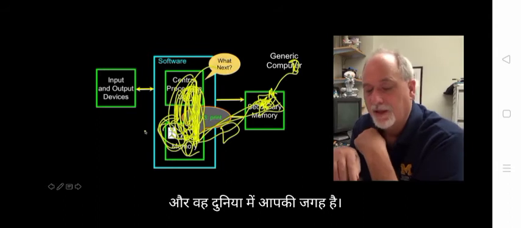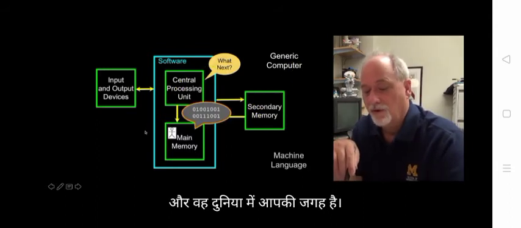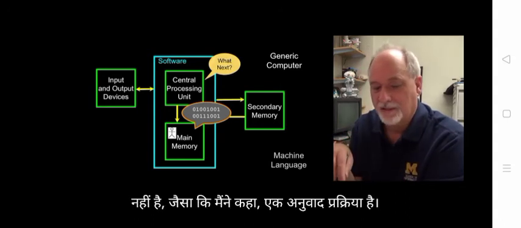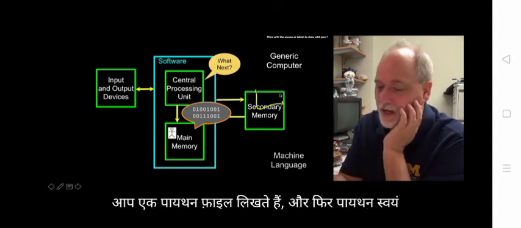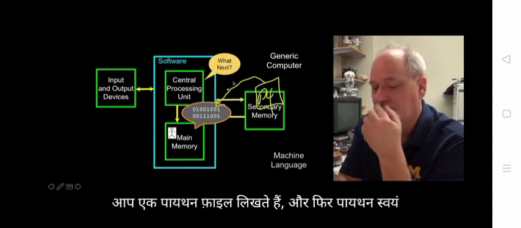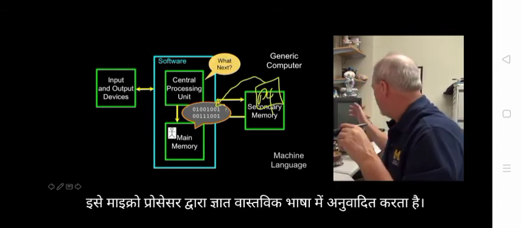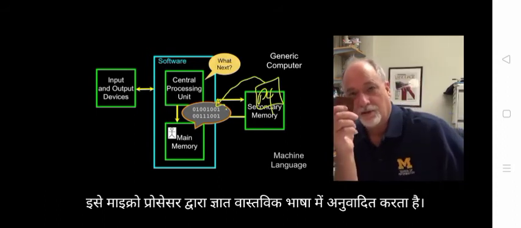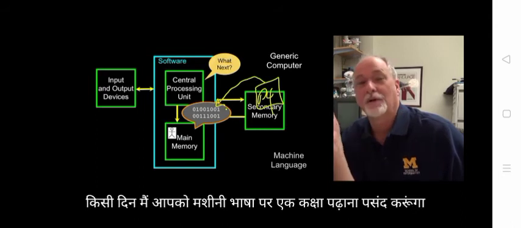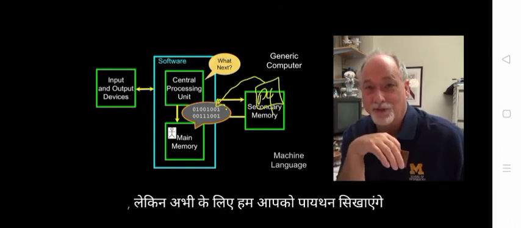Now, what's actually running is not Python code. There is, as I said, a translation process. You write a Python file, and then Python itself translates this into the actual language known by the microprocessor, which is a series of zeros and ones called machine language. Someday I would love to teach you a class on machine language, but for now we're going to use Python as a crutch.